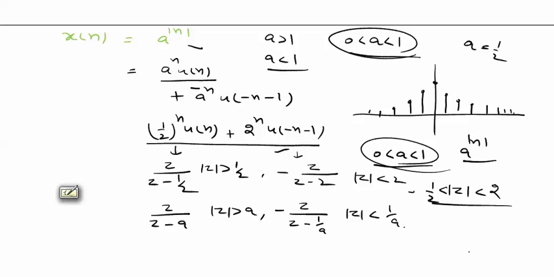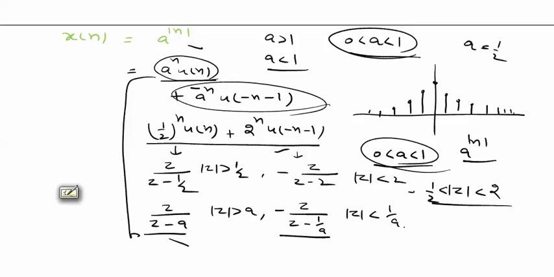We add these two terms and I write down the final expression. The generalized expression comes directly from taking the Z transform of each term, with ROC attached.